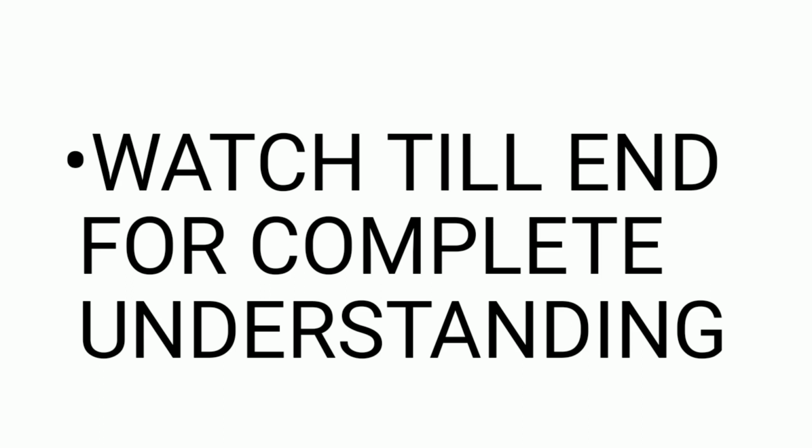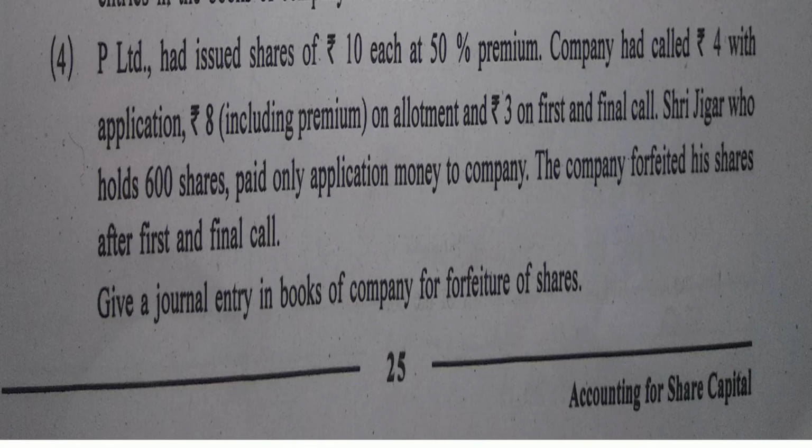In the previous lecture, we solved 3 short sums from illustration 9, and in today's lecture we are going to finish the last short sum from illustration 9, which is again about forfeiture of shares. Yes, so let us see what that sum says.